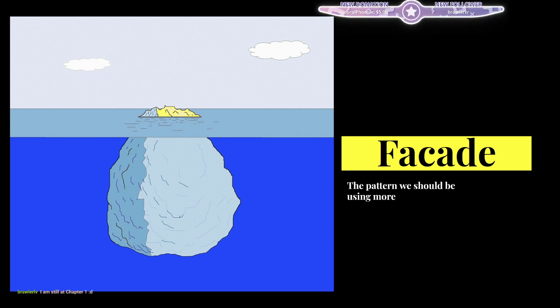Facade, the next pattern. Facade looks like this, basically the tip of an iceberg. Under the hood, we might have a ton of dependencies, a ton of complex components, but to the public, we should keep it simple and expose a simple interface.